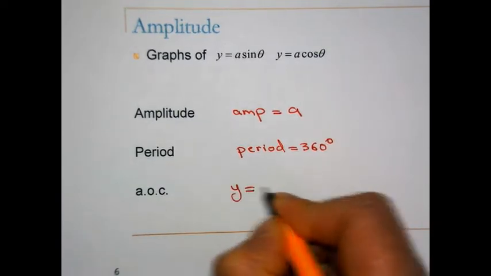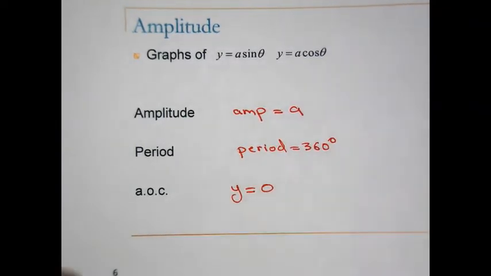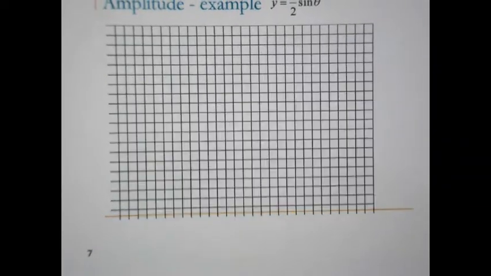So axis of curve is still y equals 0, which is our x-axis. So now we are going to do a little bit of practice and try to graph some functions where these transformations are happening.